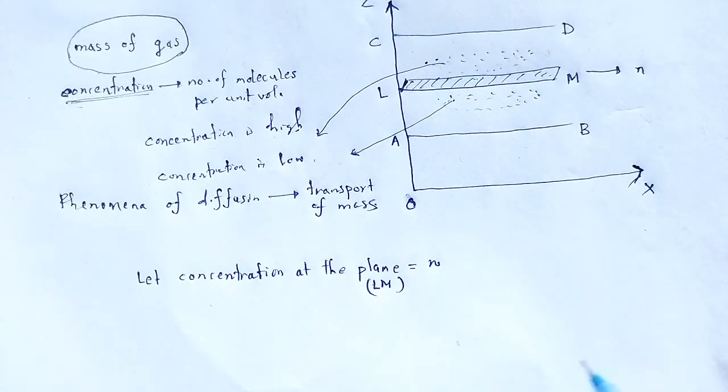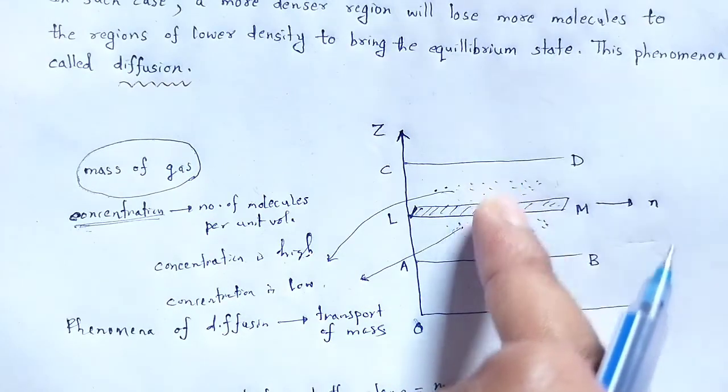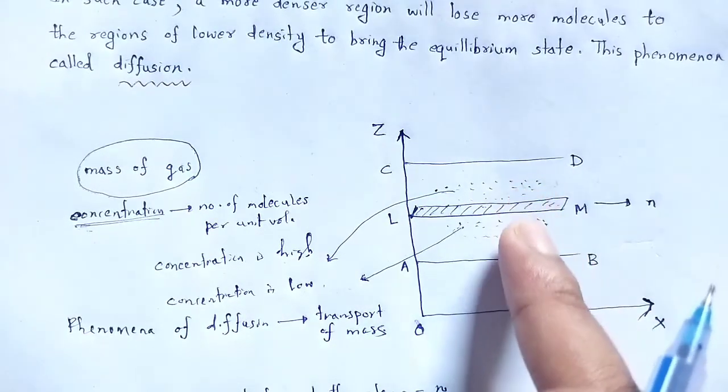The rate of change of concentration with distance in the upward direction, perpendicular to the plane LM, is dN by dz.